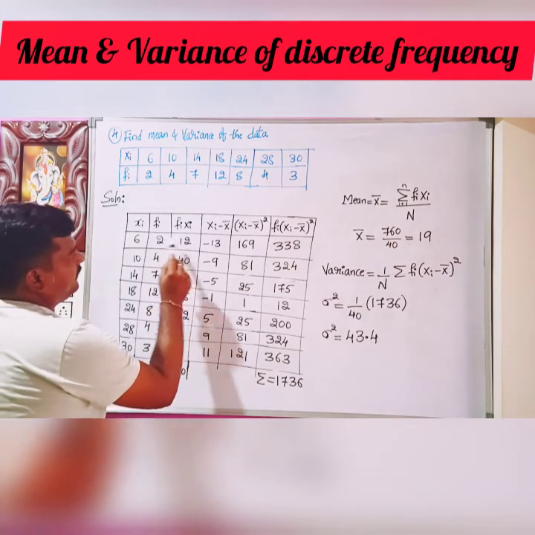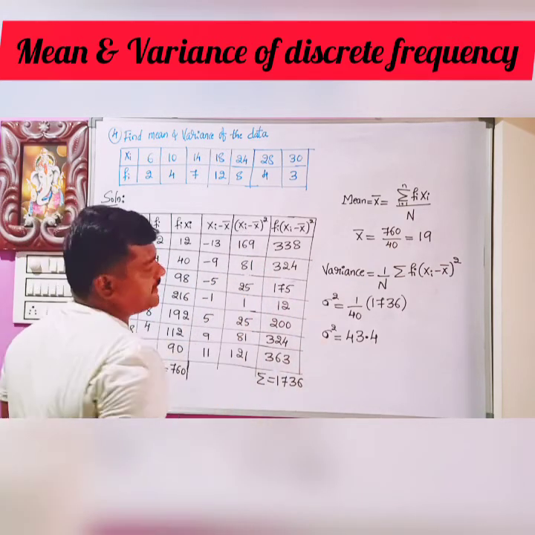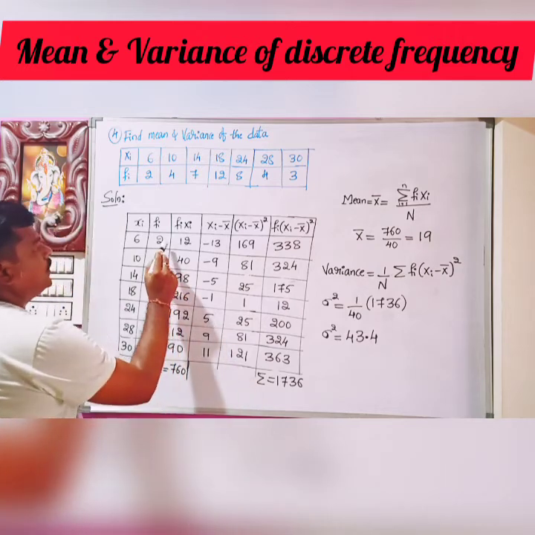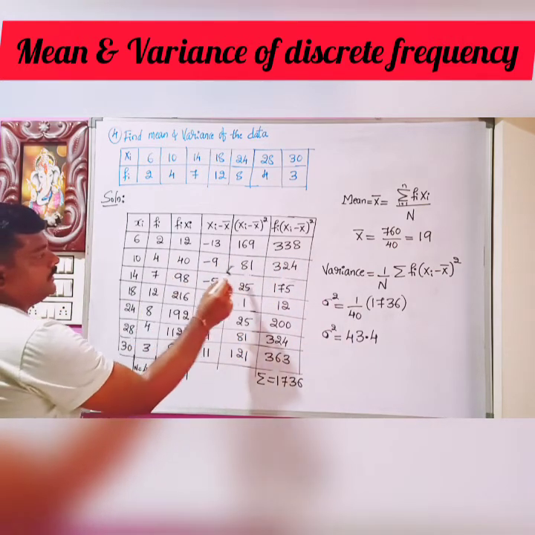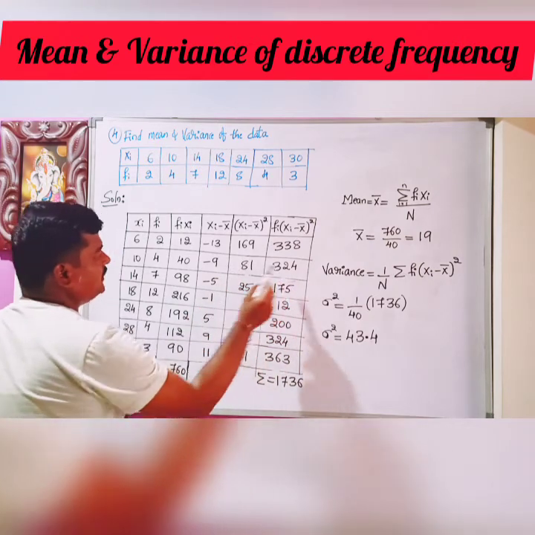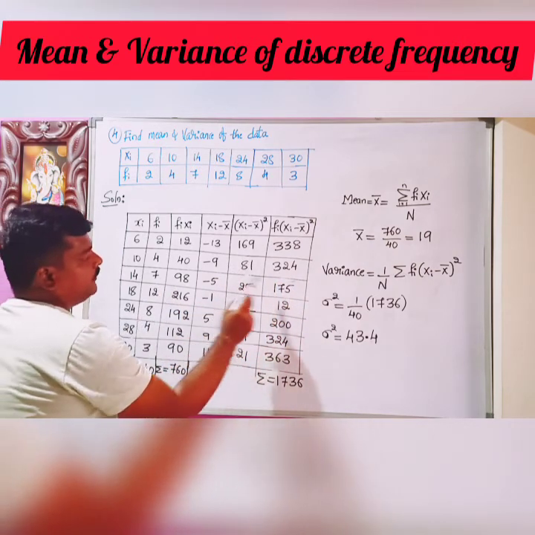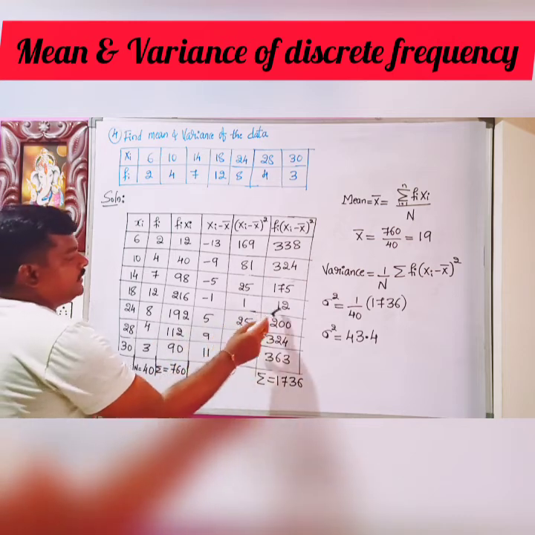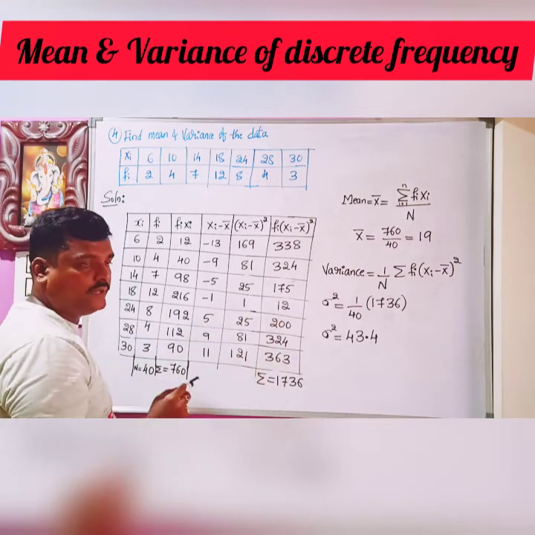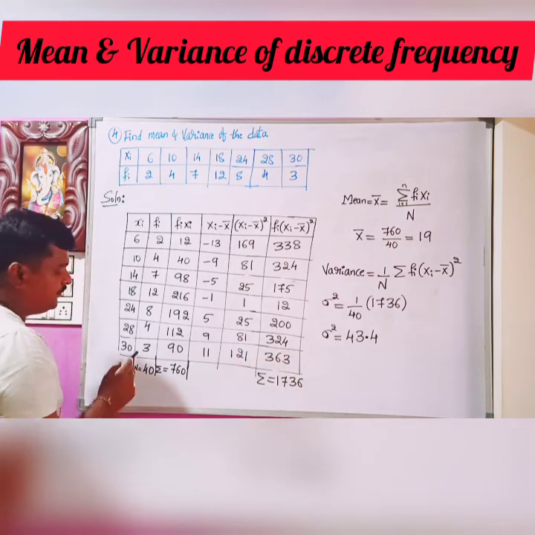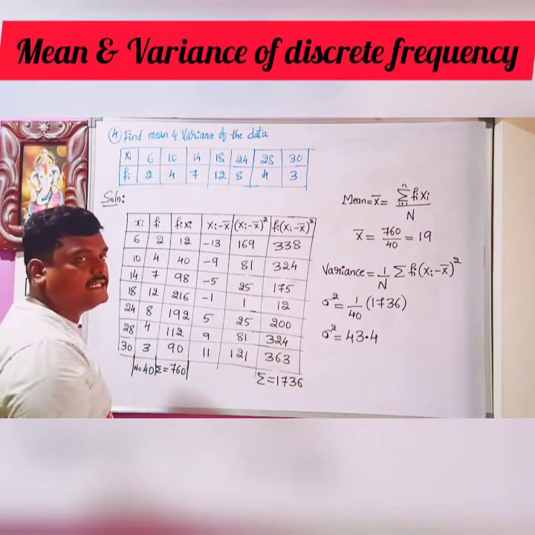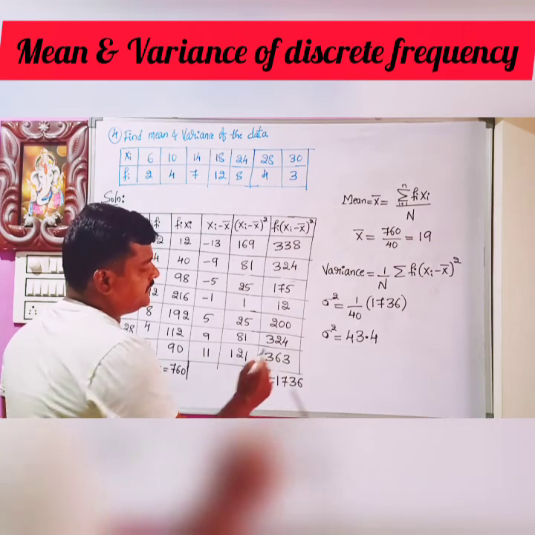Now multiply fi into (xi minus x bar) whole square: 2 into 169, 338; 4 into 81, 324; 7 into 25, 175; 12 into 1, so it is 12; 8 into 25, 200; 4 into 81, 324; 3 into 121, 363.